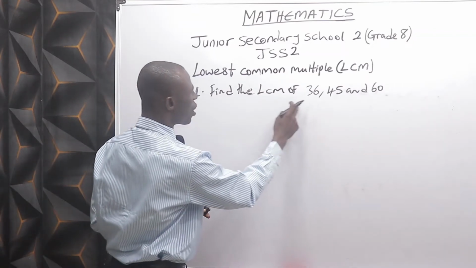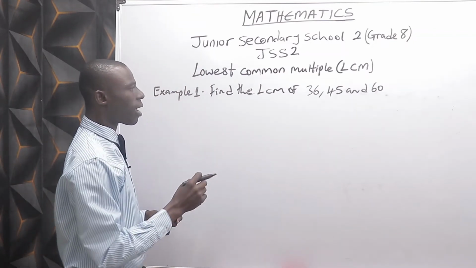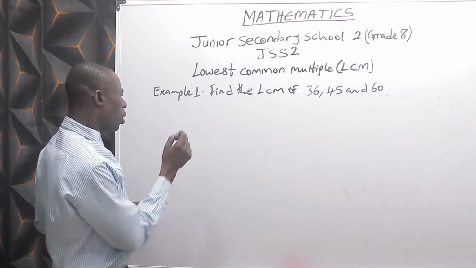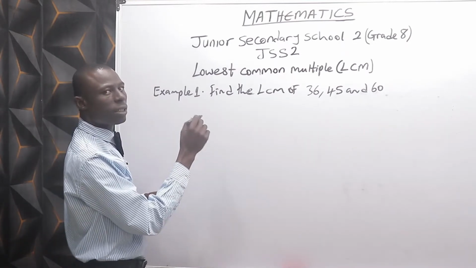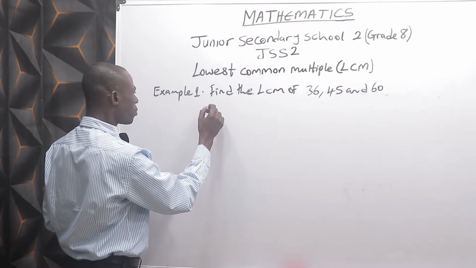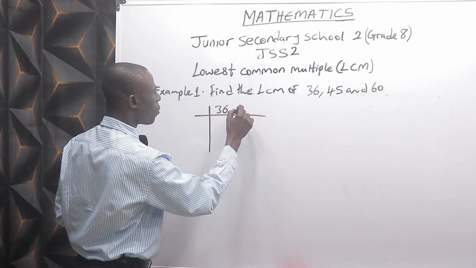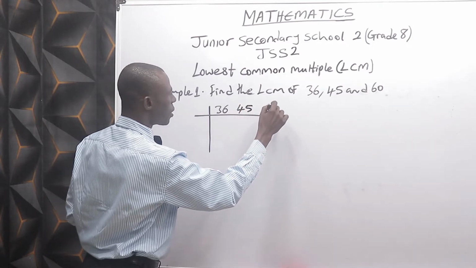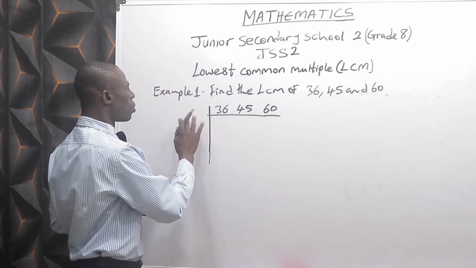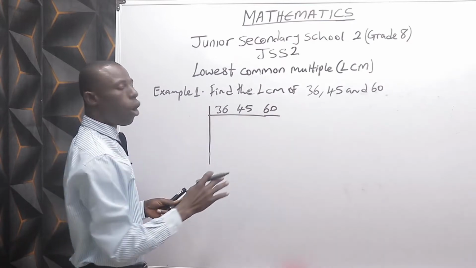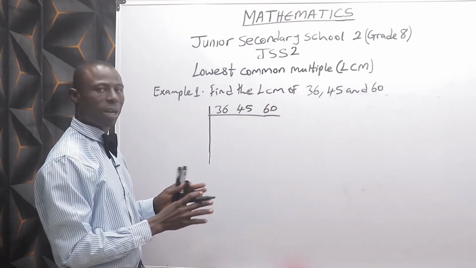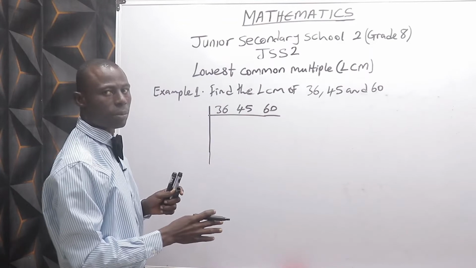To find the LCM of 36, 45, and 60, using the long division method first, we take the numbers involved here: 36, 45, 60. We divide all of them with all the possible factors that could divide them.